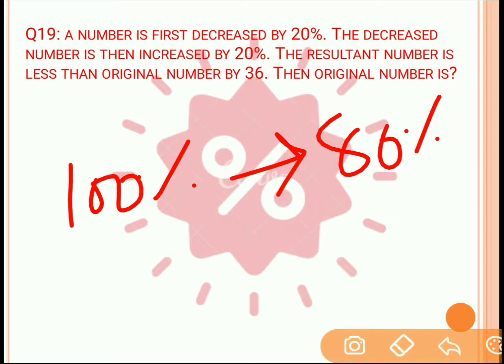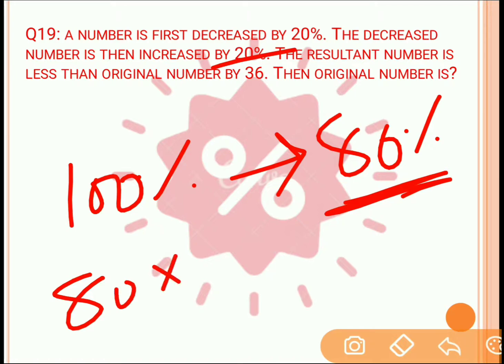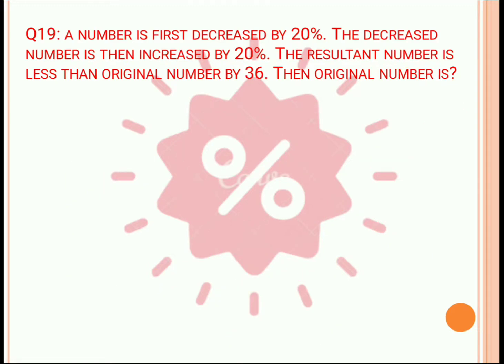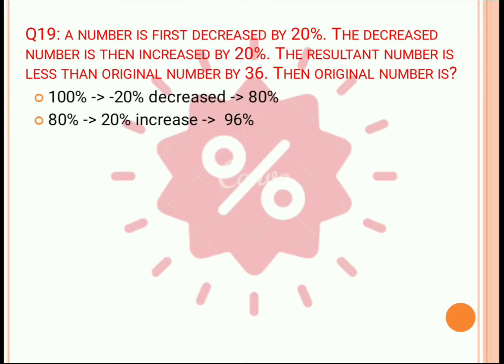Now this decreased number, which is nothing but 80%, is then increased by 20%. So 20% of 80% is nothing but 80 into 20 by 100, which is nothing but 16%. So 16 percentage is the increment on this 80%. So the final percentage is nothing but 96%. Now it has been found out that the resultant number is less than the original number, which is 100%, by 36.